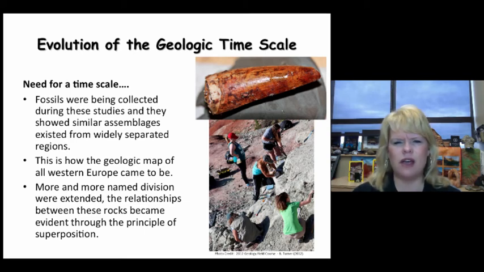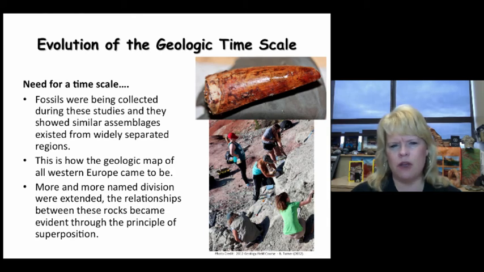Why do we have the same kind of fossils occurring in multiple different places in Europe? So the geologic map of all Western Europe came to be as a consequence of this really fast tracking, trying to get the area mapped after William Smith's first map was issued to the public.